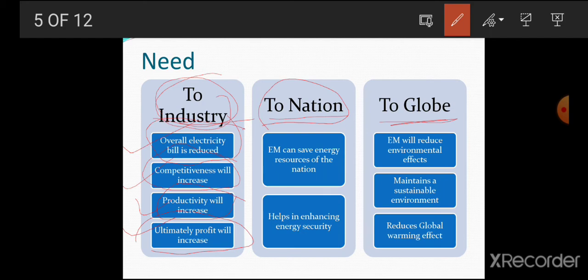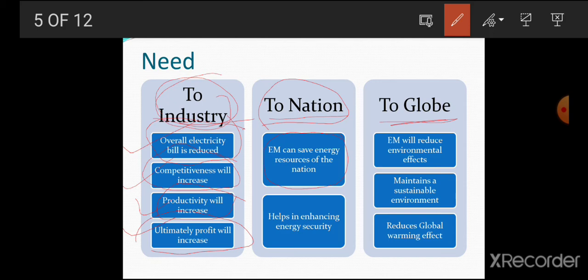Energy management can save the energy resources of the nation. As we know, there is a deficit of energy in India, that is, we are not able to produce the energy that is required. Due to which power cuts happen in many regions like Bombay, Mumbai.